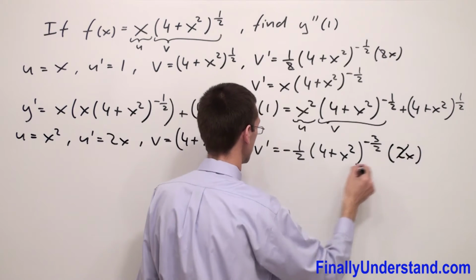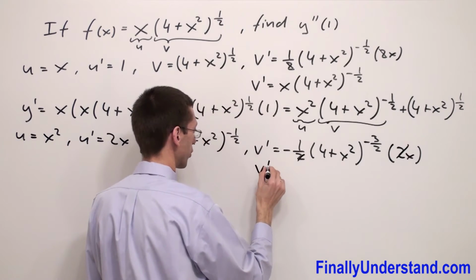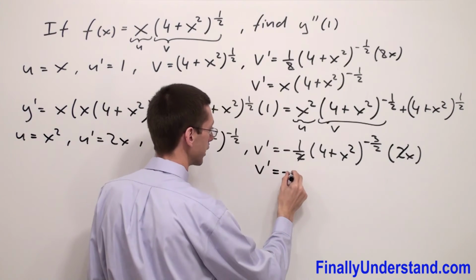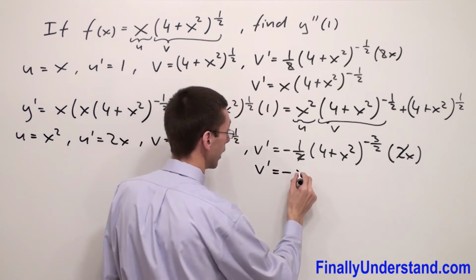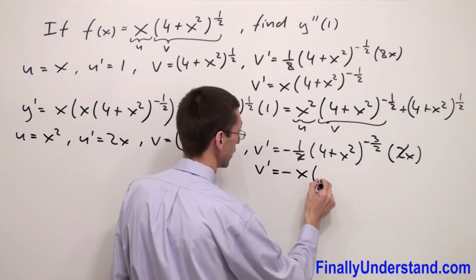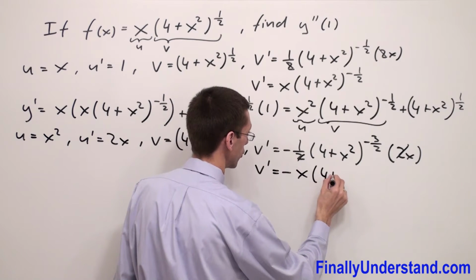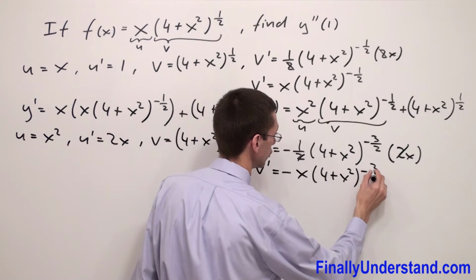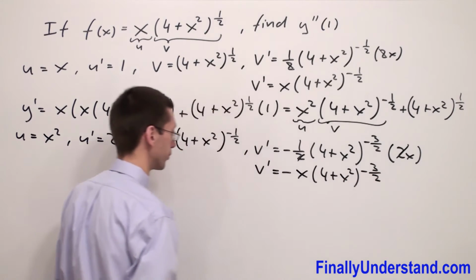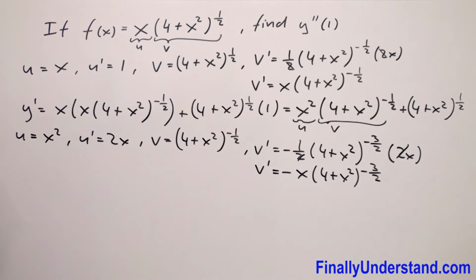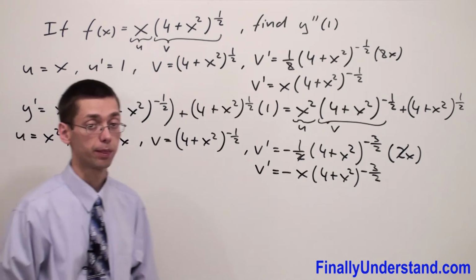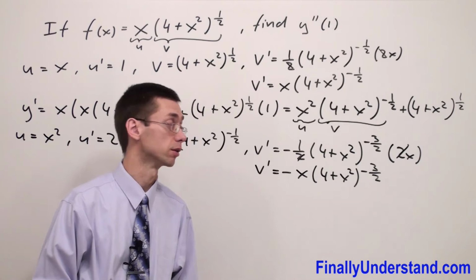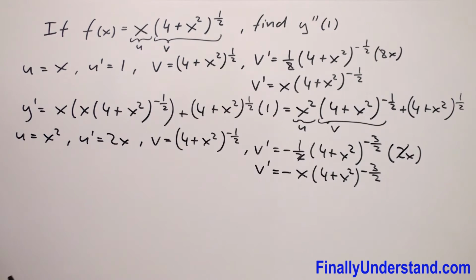Okay, so 2 and 2 will cancel out, so I have v prime is equal to negative x, and I have 4 plus x to the second power to power negative 3/2. Now we're supposed to use the formula for the derivative of the product.